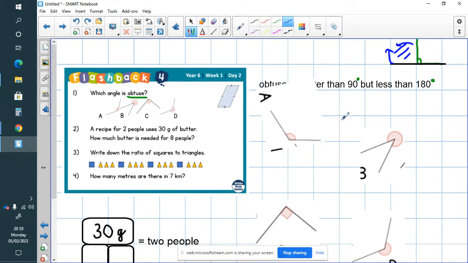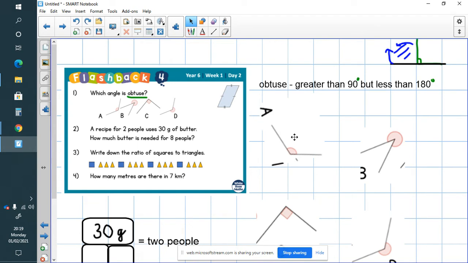Is angle A greater than 90 degrees, but less than 180? Well, I know 90 degrees would look like this. And I know that angle A is greater than 90 degrees. So we could say, yes, angle A is obtuse. But I'm going to check the others just to be certain.